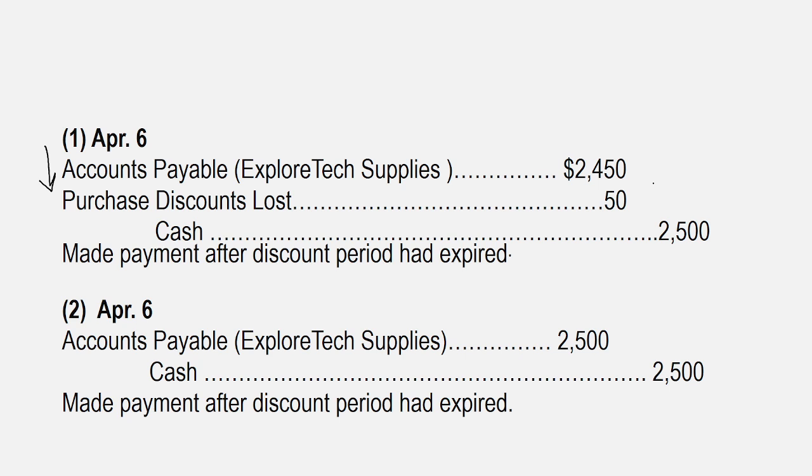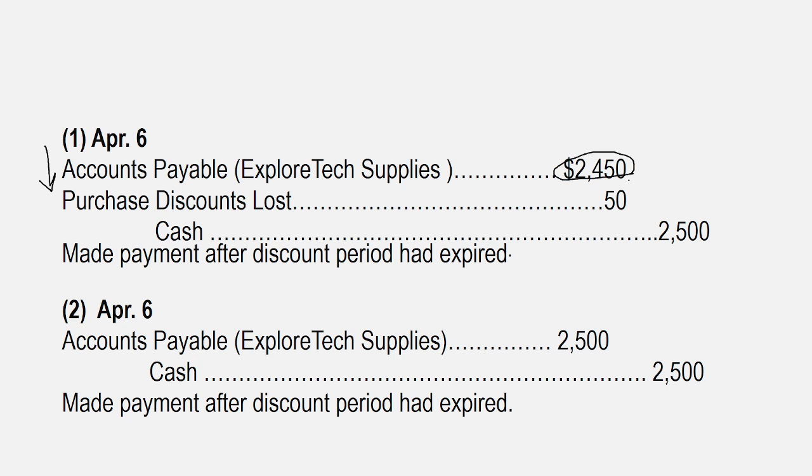But they debit the purchase discount loss for $50, representing the discount that was missed due to the late payment. So this payment takes place outside the discount period.